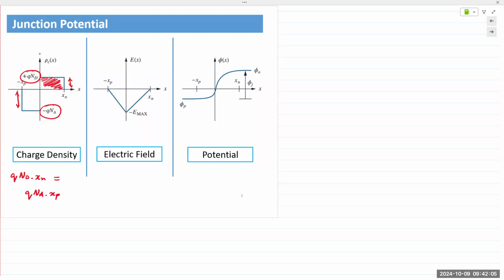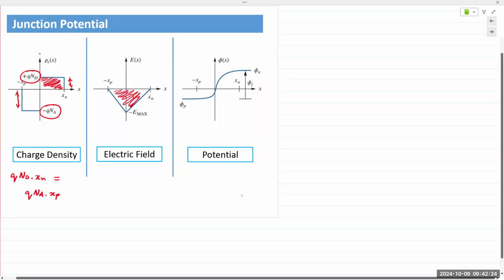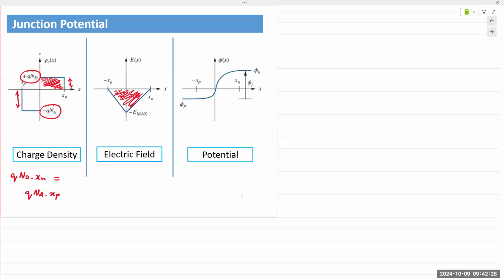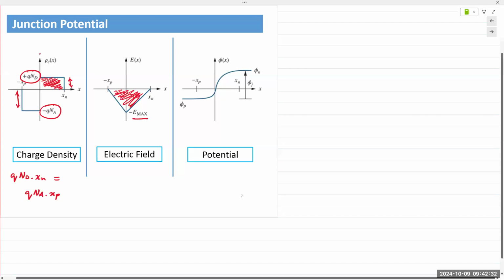If we look at the electric field that is created, again depending on the number of atoms implanted into the n and p-type material, you could have an evenly balanced electric field or something like this that is shown here. The maximum value of that electric field will be right at the junction, marked as Emax.